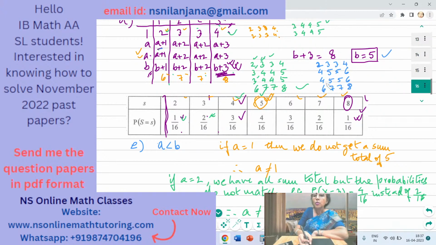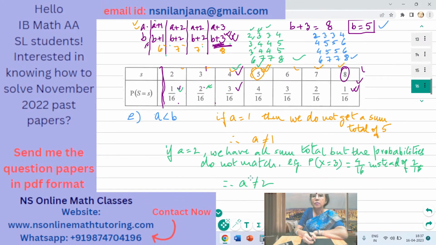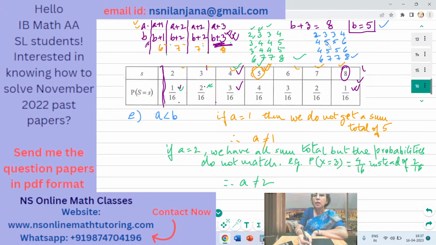Okay. 2 is 1 over 16. 8 is also 1 over 16. Matches. And what about the other ones? 3, there are only 2 3s, so 2 over 16 matches. 4, there are 3 4s, 3 over 16. 5, there are 4 5s, 4 over 16. 6, 3 over 16, 7, 2 over 16, and finally 8, 1 over 16.